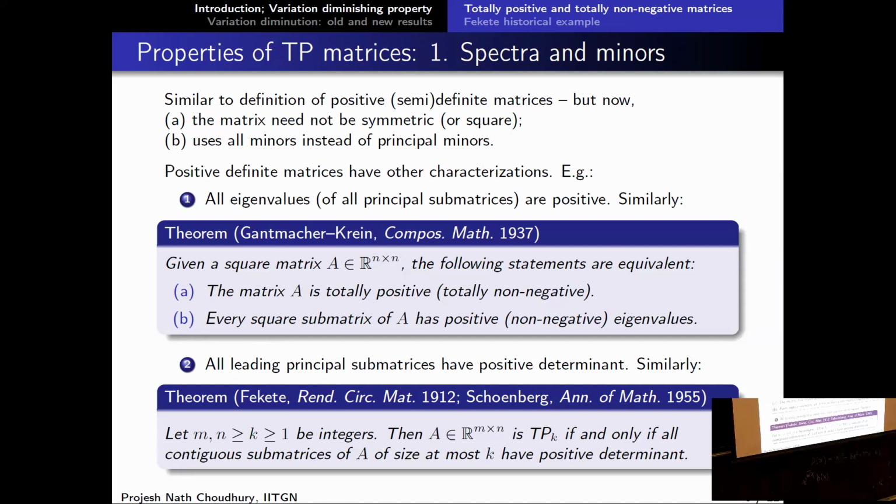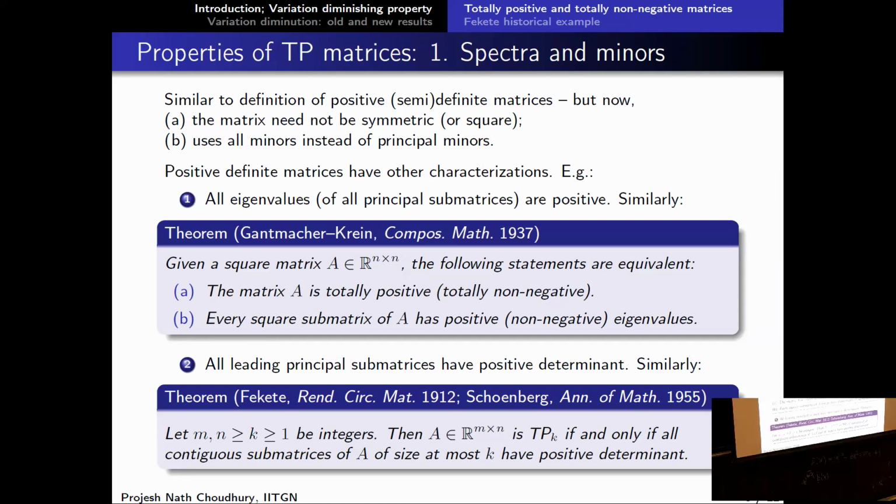A matrix is totally positive of order k if all contiguous minors of A of size at most k have positive determinant. Here contiguous means that rows and columns are indexed consecutively. The converse is obvious.